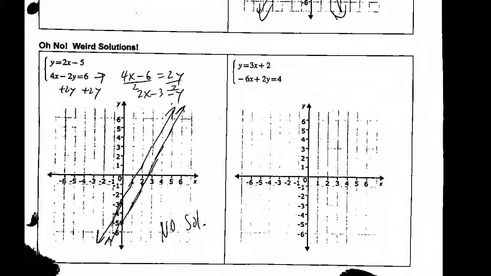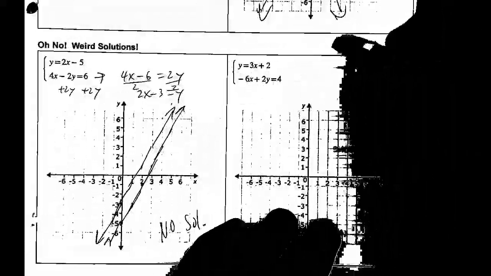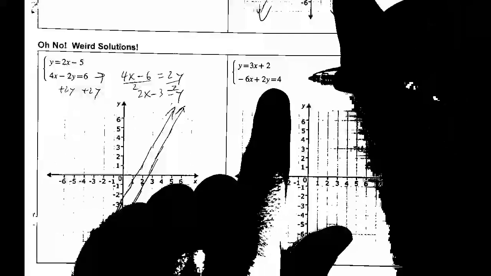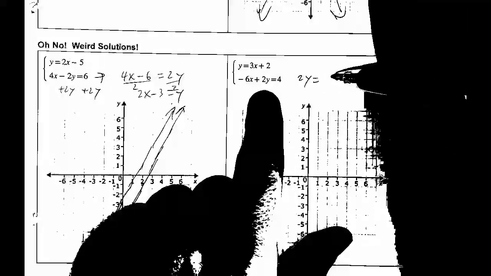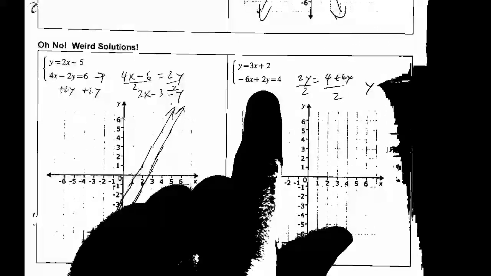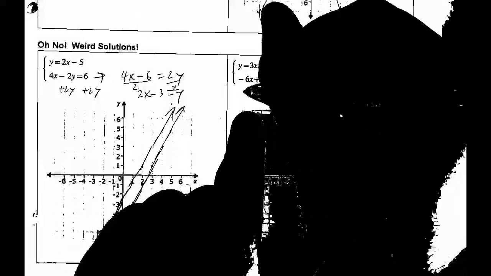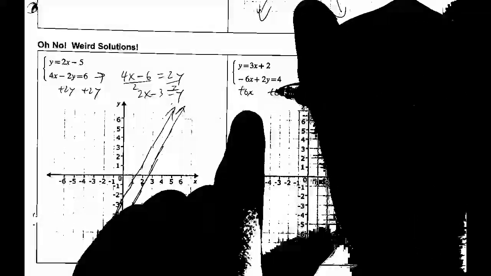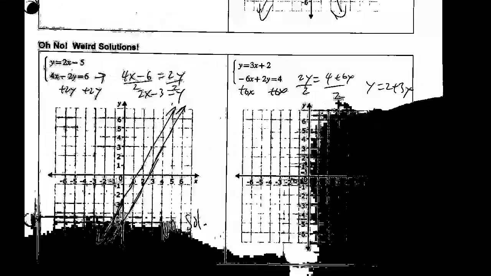Okay. And then this one, so y equals 3x minus 2, and then let's solve this one. So this would be 2y equals 4 plus 6x, and we divide both sides by 2, and we'll get y equals 2 plus 3x. So again, all I did was add 6x to both sides, then divide by 2. And notice that these two are the exact same.